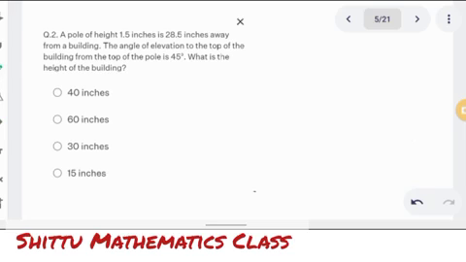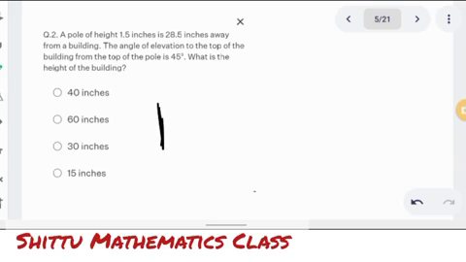So now, let's start from here. We need to make the rough sketch of this, a pole of 1.5 inches. Let's say this is 1.5 inches. Sorry for my drawing.